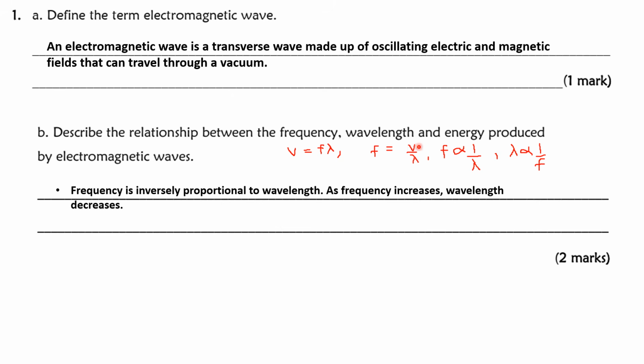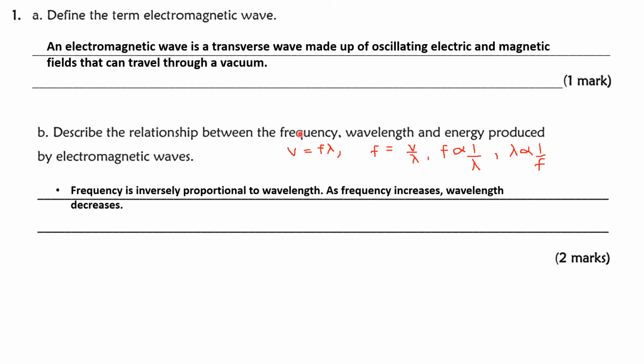The condition here is that the speed v is constant. Remember that electromagnetic waves travel at a constant speed of 3 times 10 to the power 8 meters per second, or 300 million meters per second, if you want. All right, so that's relationship number one, one mark.